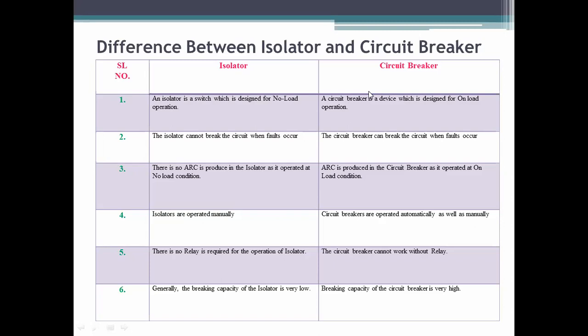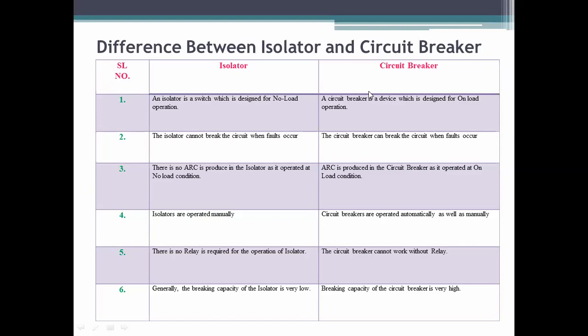Then the next difference: for isolators, the breaking capacity is very low. Means the currents that should be broken when a fault occurs, that breaking capacity is low for the isolator, and the breaking capacity of circuit breakers is very high.